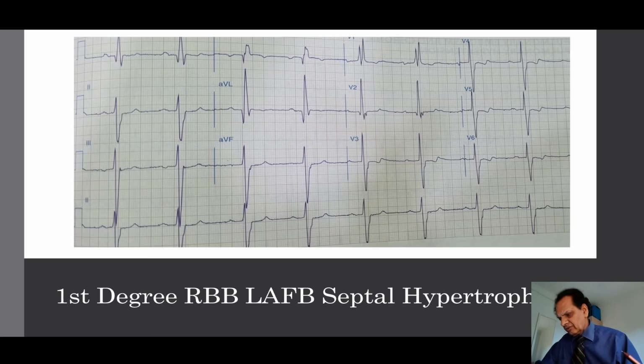A tall R wave in lead 1 and a deep S wave in lead 3. So the left axis deviation I wanted to show you, and a right bundle branch block pattern with the first degree heart block also marginal. So we may call it as a trifascicular block.